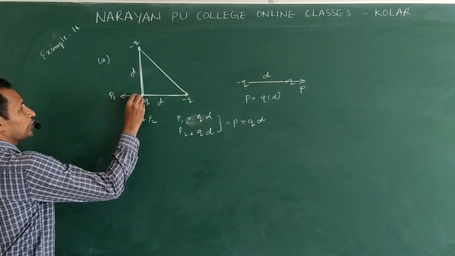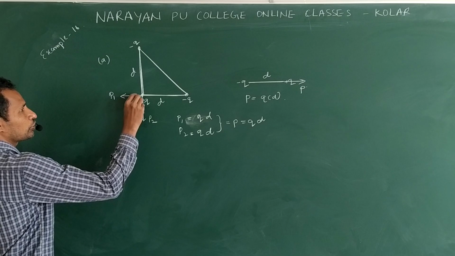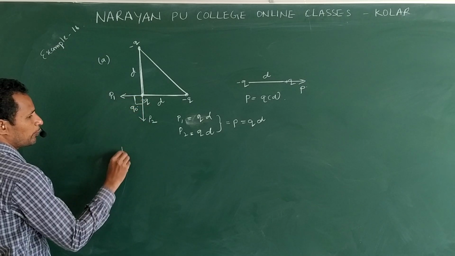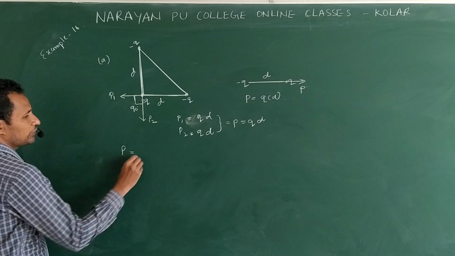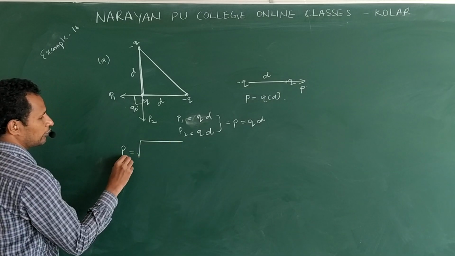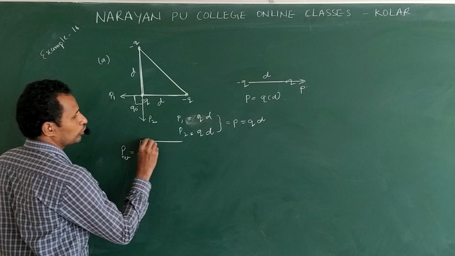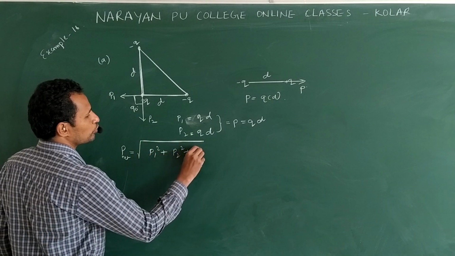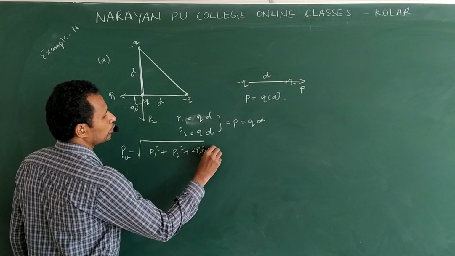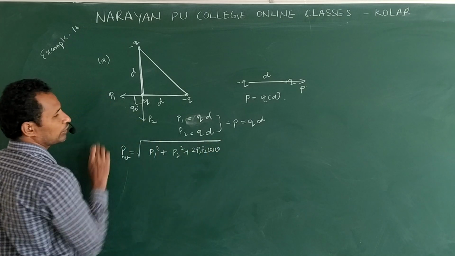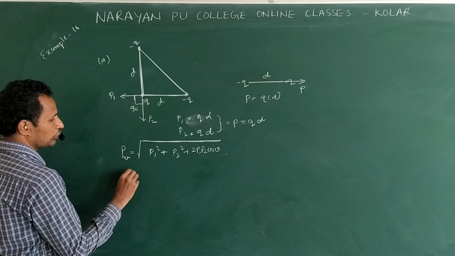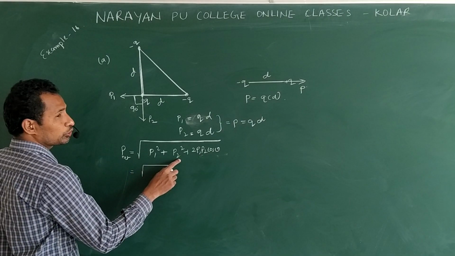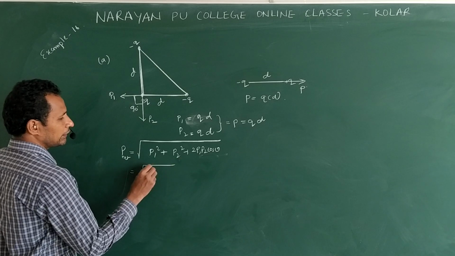Now, how many dipoles are there? Two dipoles. What is the angle between them? 90 degrees. How do we write the net dipole moment? P = √(P1² + P2² + 2P1P2 cos θ). The angle between them is 90, cos 90 is 0, so this term is 0, and P1 and P2 are both the same, so I can take it as P only.